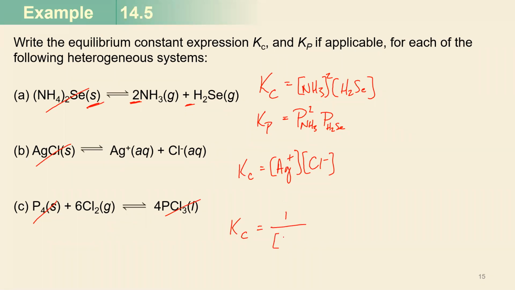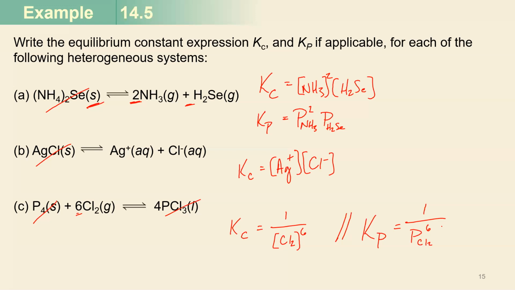And then over our reactants, Cl2. Now there's a coefficient of 6 in front of that Cl2, so it's 1 over the concentration of Cl2 to the 6th power. Chlorine's a gas, so we can also write a Kp expression: 1 over the pressure of Cl2 to the 6th power.